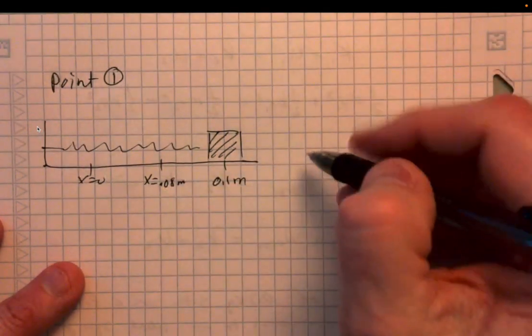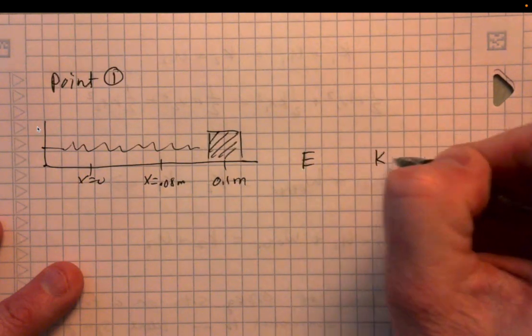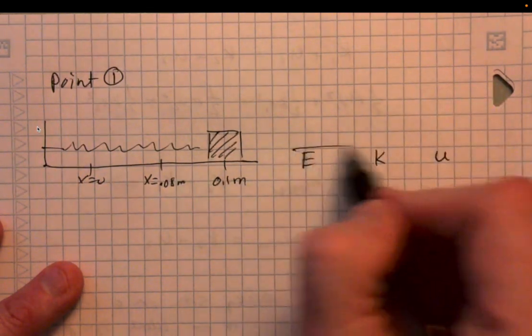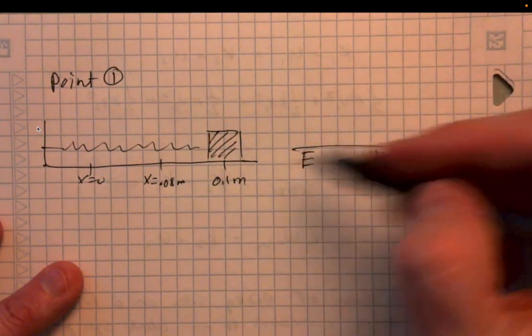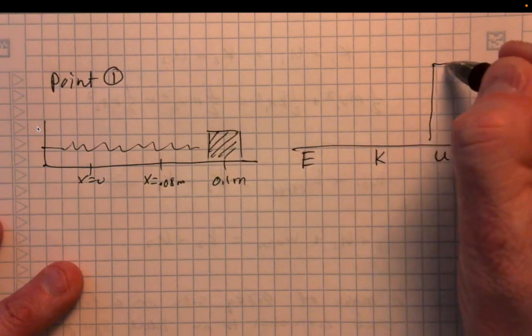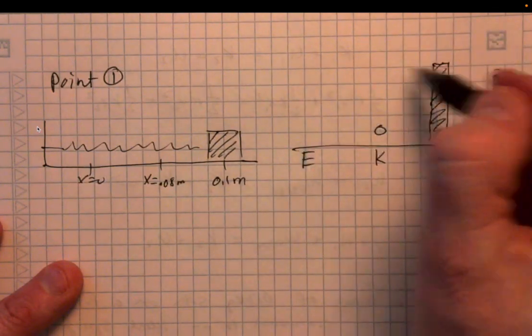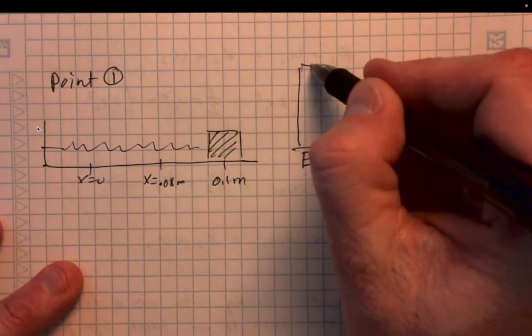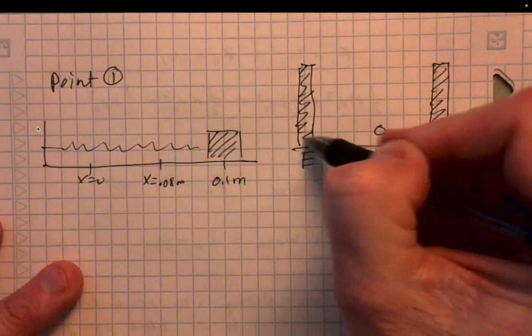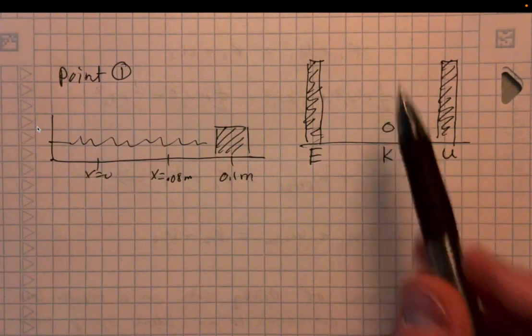If we think about the energy of the system, you've got the total mechanical energy, the kinetic energy, and the potential energy. Right here there's no velocity, so it's right before we let go of it. It's all potential energy, isn't it? Kinetic energy is 0, and all of the energy of the system is loaded up as potential energy. The second we let go of it, that's going to start to change, and that potential energy is going to shift over into kinetic energy.